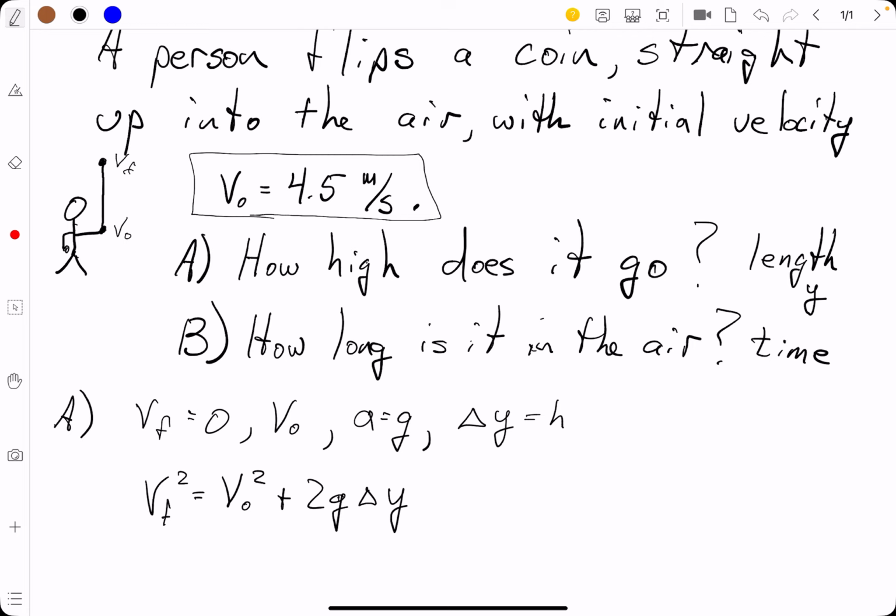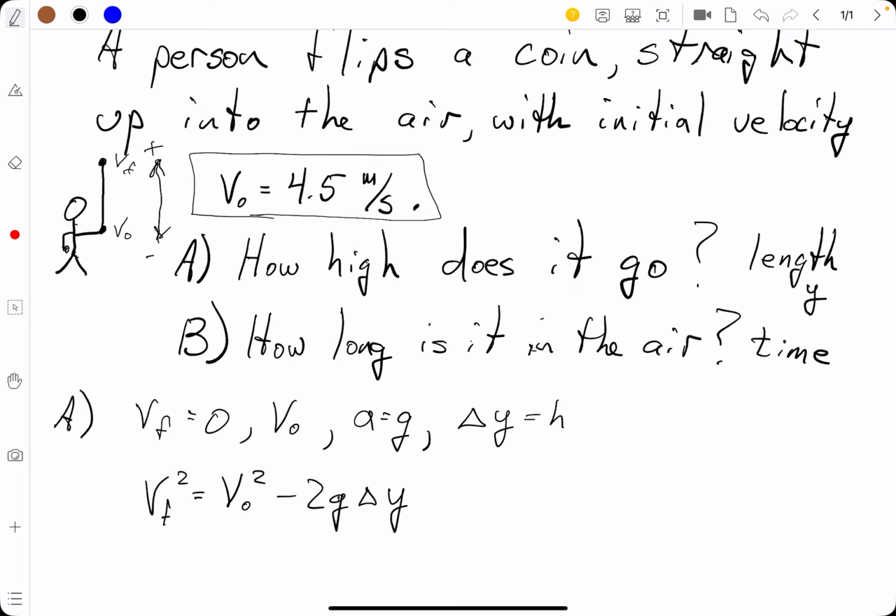Let's do up as positive and down as negative. If up is positive and down is negative, I've got to change this sign to reflect the fact that g points down.